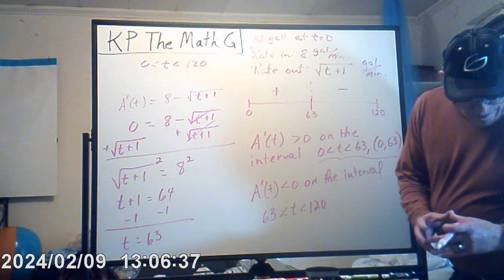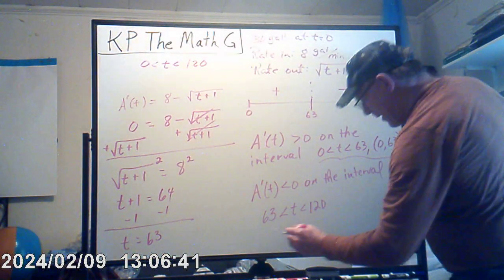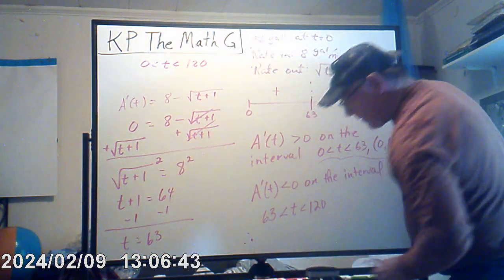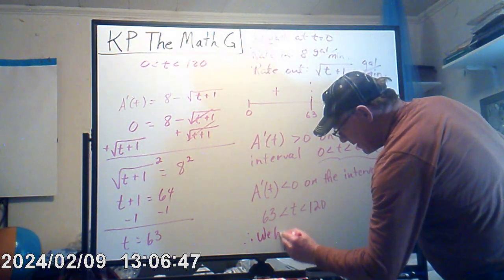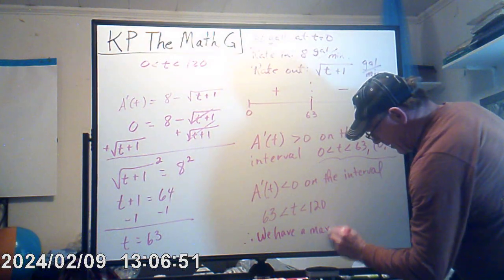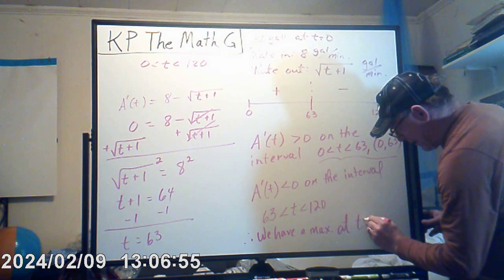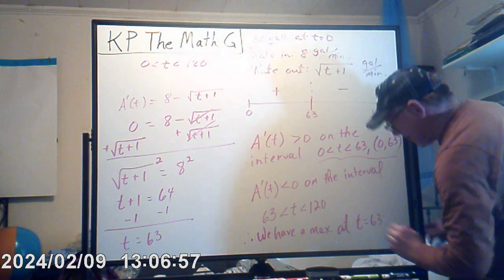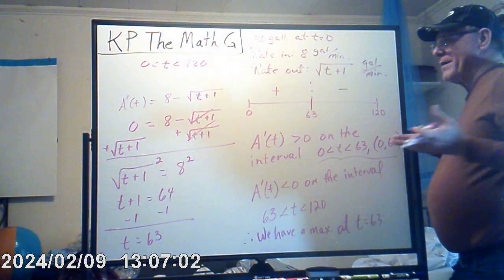And so because of that, we have a maximum. Therefore, we have a maximum at t equals 63. If this had been the other way around, it wouldn't be a max, would it?